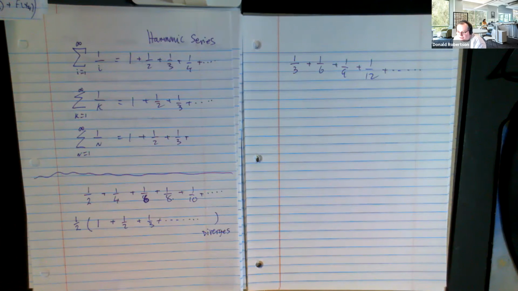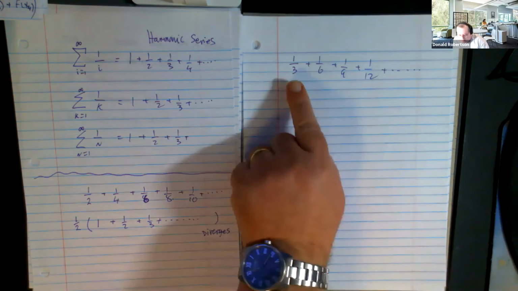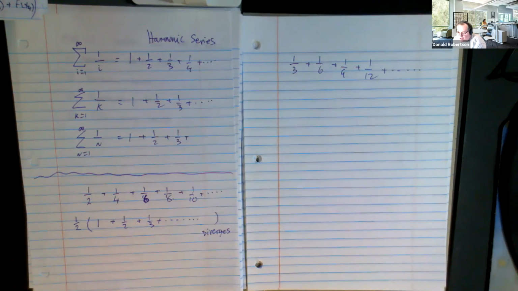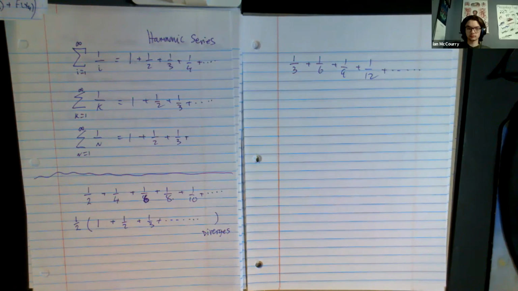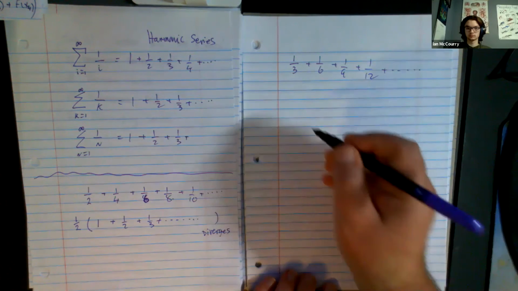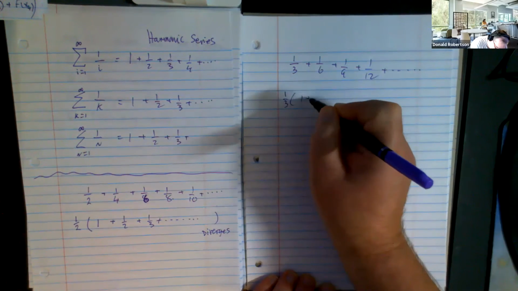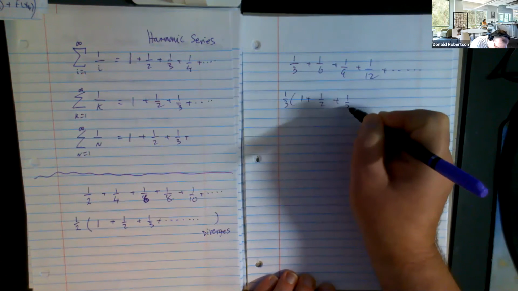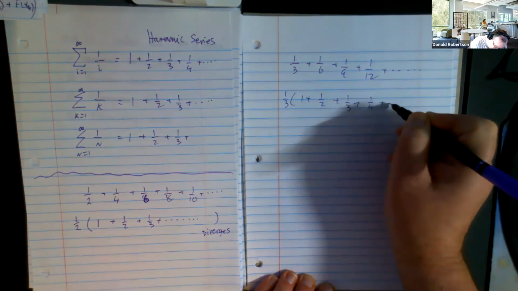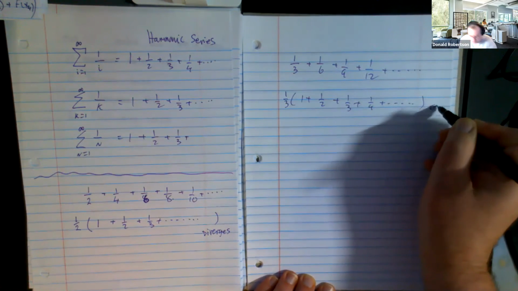Do you recognize that guy is in the family of the harmonic series? What fractional common factor could I suck out of this to make it a little bit more obvious? 1/3. I hear you, and I agree with you. So it diverges.